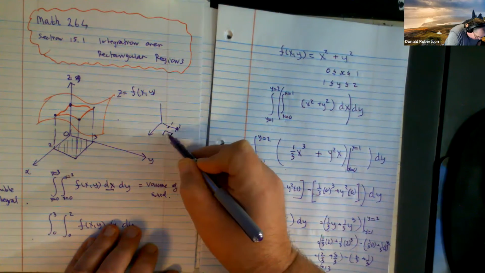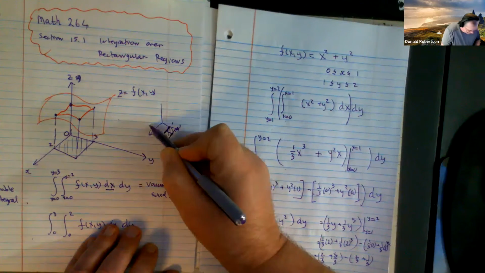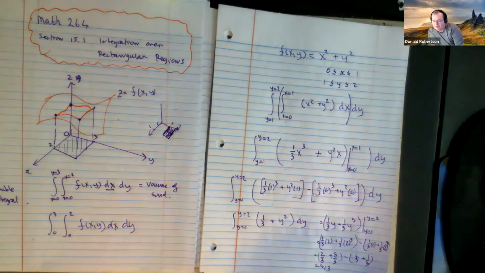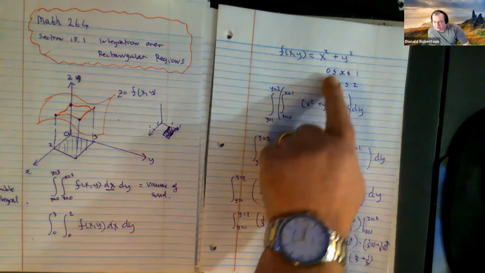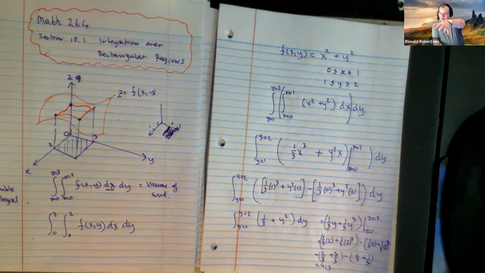Kind of distorted, but can you imagine where the little rectangle would be? If you did that rectangle right up and it met this surface, the volume above that rectangle would be 8/3.